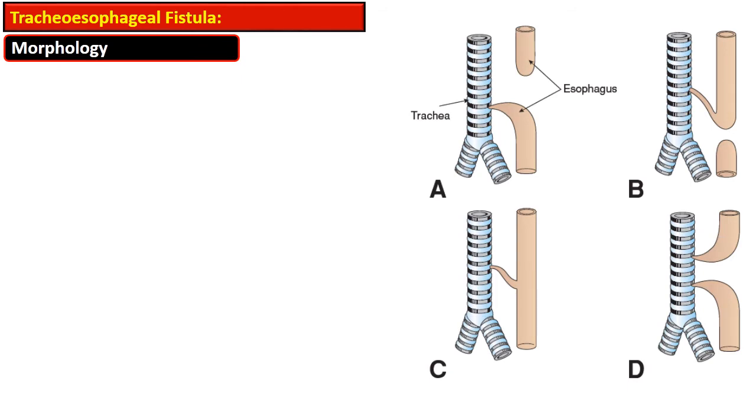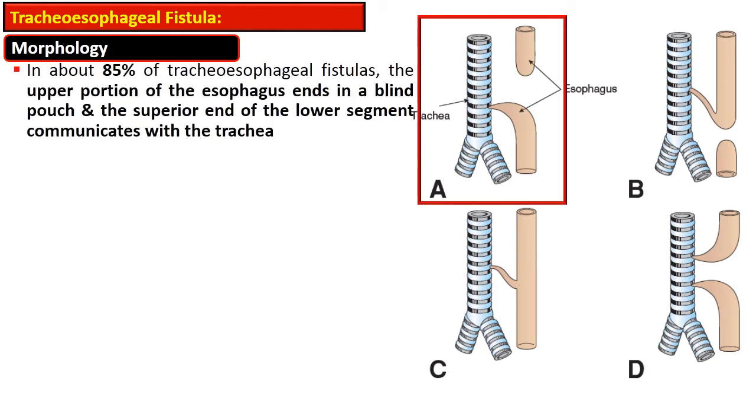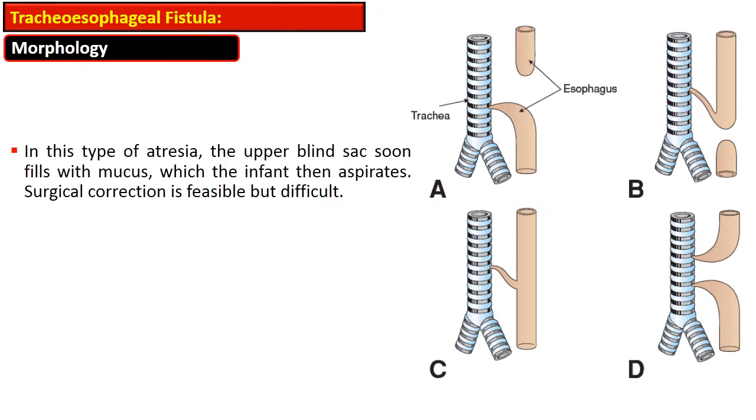In 85% of the tracheoesophageal fistulae, the upper portion of the esophagus ends in a blind pouch, and the superior end of the lower segment communicates with the trachea. In this type, the upper blind sac soon fills with mucus, which the infant then aspirates, and surgical correction is then done.